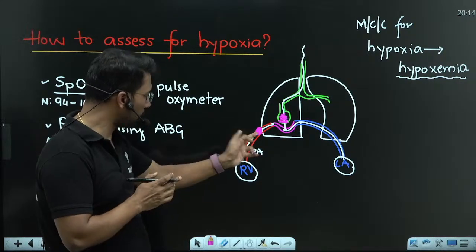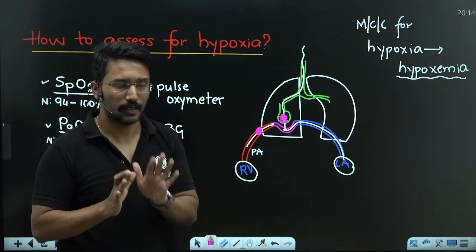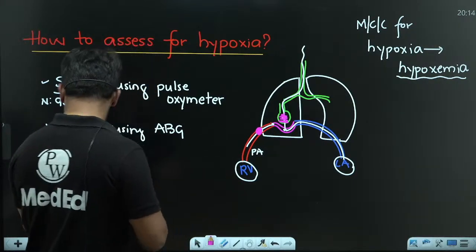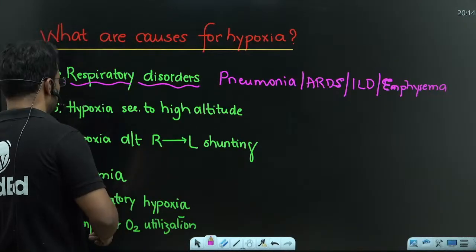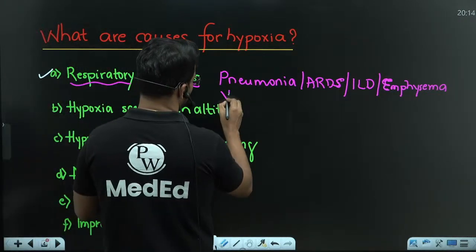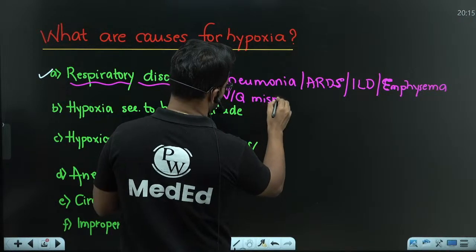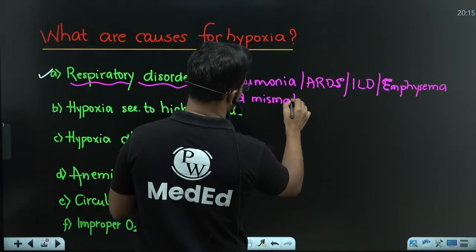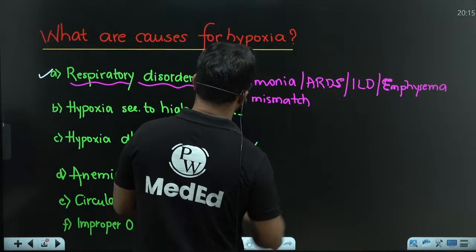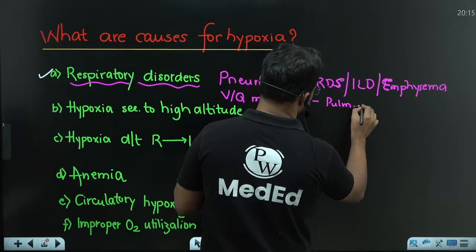And when I have a clot in the pulmonary artery, what should I call it? Pulmonary embolism, right? Which is not a respiratory disorder. It is a disorder of the blood vessel. So it is a cardiovascular disorder, but we can have that as a contributor to hypoxia, right? Such situations we call ventilation perfusion mismatch, as in the case of pulmonary embolism.